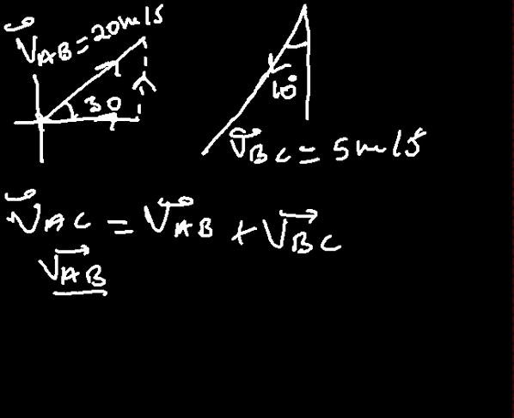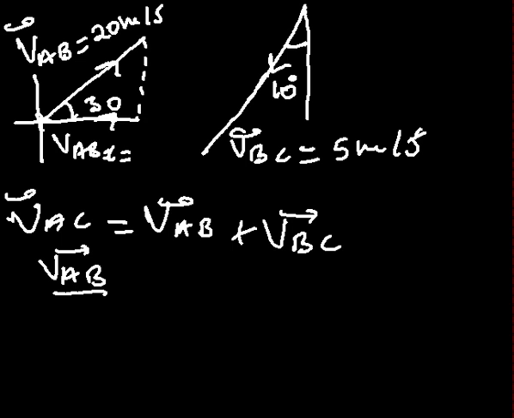This is adjacent and this is hypotenuse. So make sure you understand vector resolution, we're just applying it here. Adjacent over hypotenuse, what is that one? It is cos. Therefore we have VABx being given as 20 times cos 30.